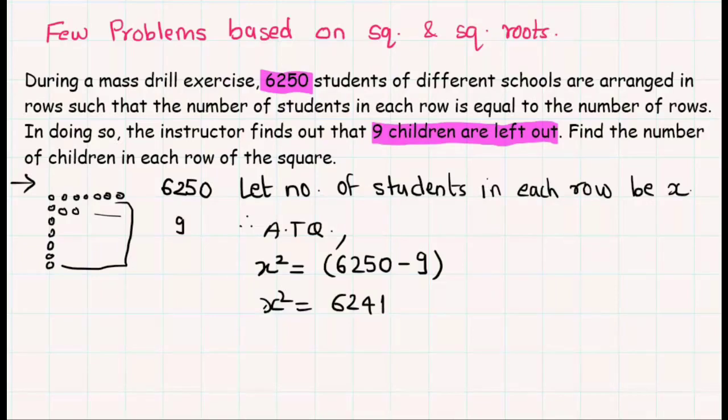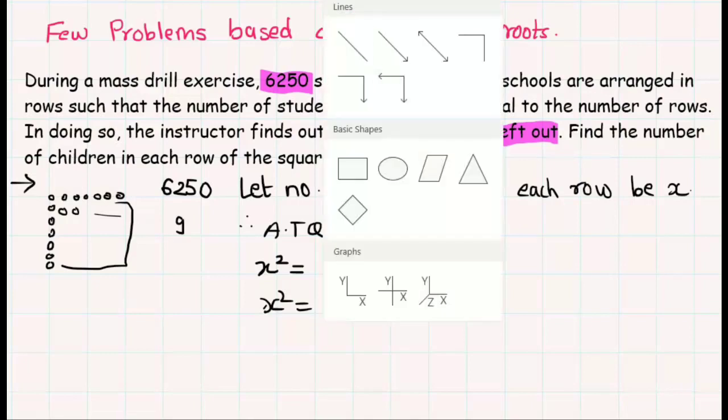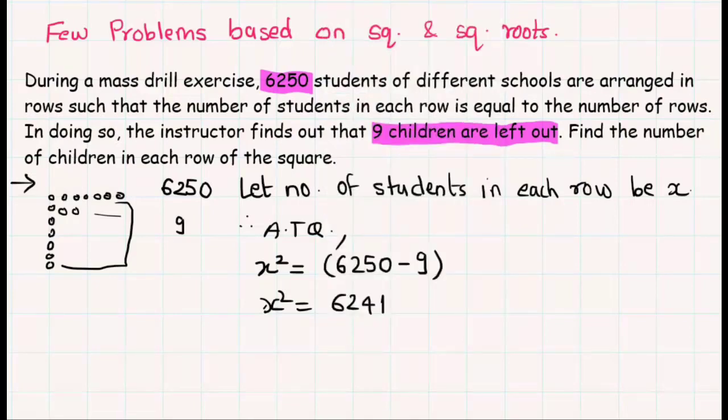Now, how do we find the square root of 6241? It's a very large number. You can either use the long division method or the prime factorization method. But for this larger number, prime factorization will prove to be difficult. So what are we going to do? Correct.